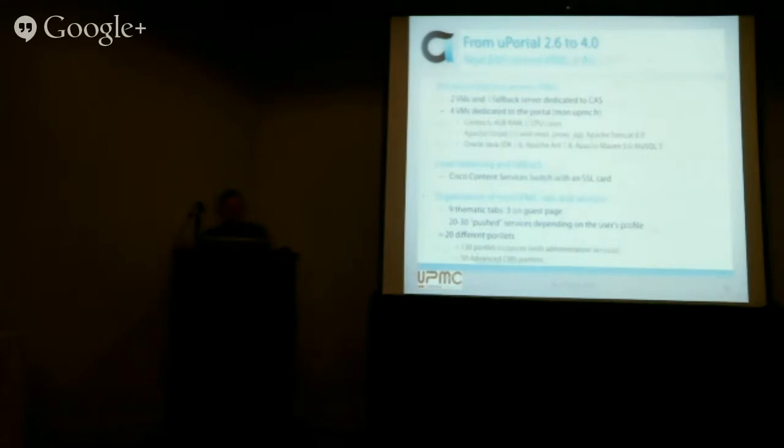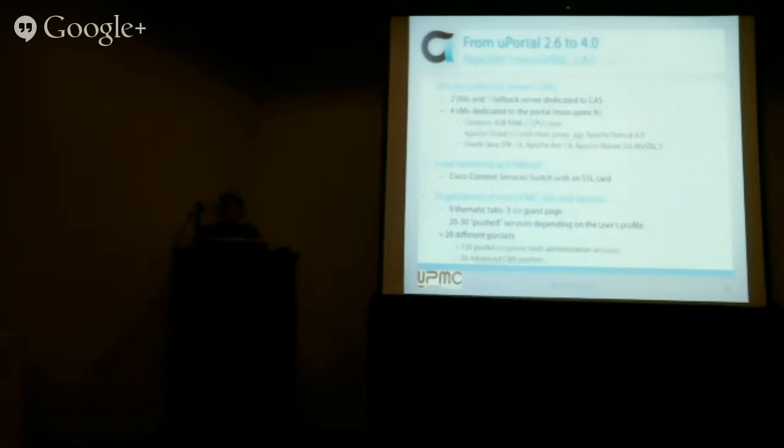Our load balancing and fallback system is the same we use in the other tools of UPMC. A Cisco content service switch with an SSL card manages load balancing and fallback, and SSL decoding.